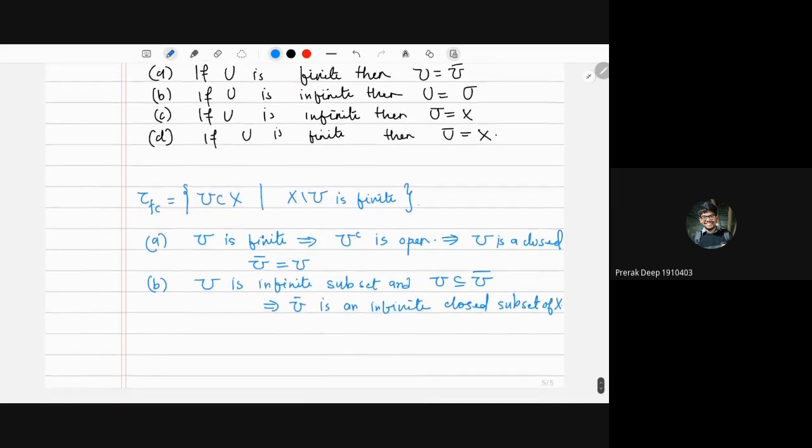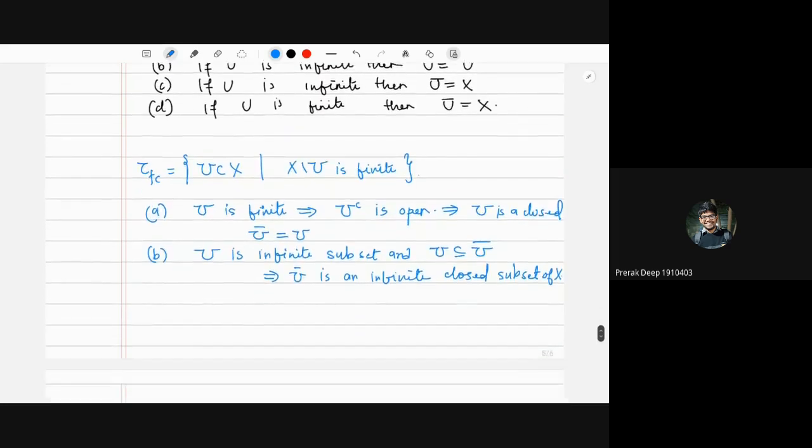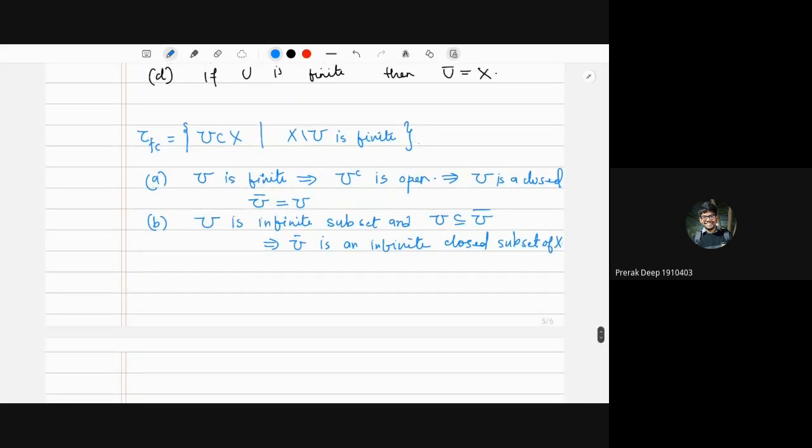Okay, so U closure is an infinite closed subset of X. Now, what are the closed sets in X? Any closed set C has complement to be open.